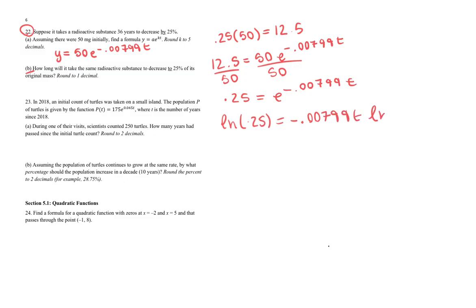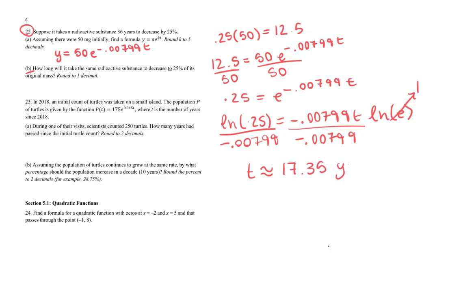Negative 0.00799t times the natural log of e, and of course the natural log of e is just equal to 1. So then our last step is to divide both sides by this negative 0.00799 to find what t is. And we get that t is going to be approximately equal to 17.35 years.